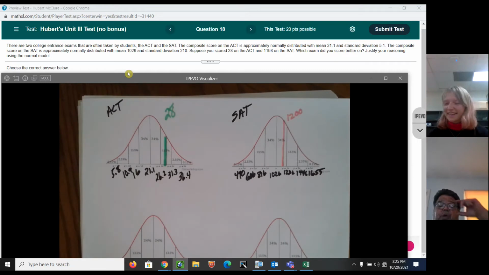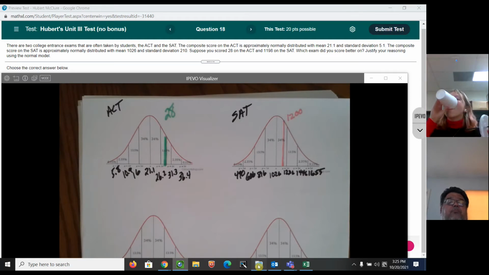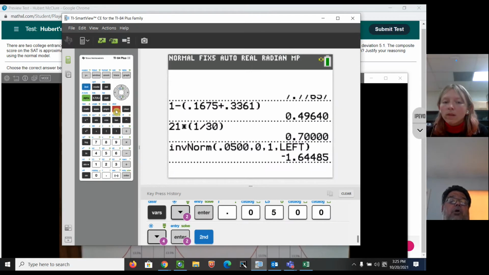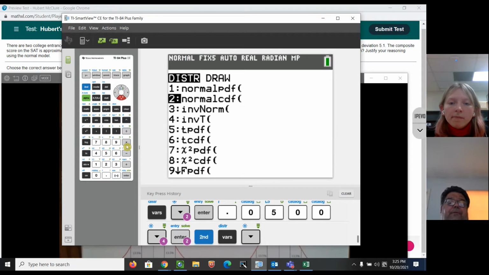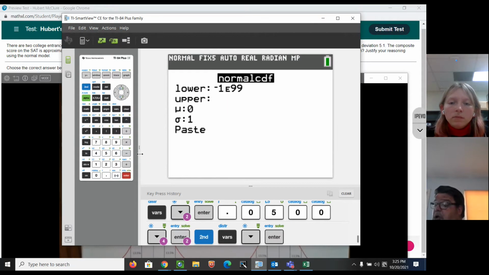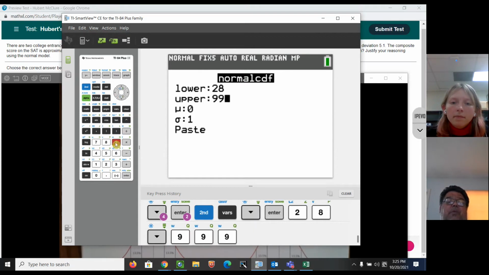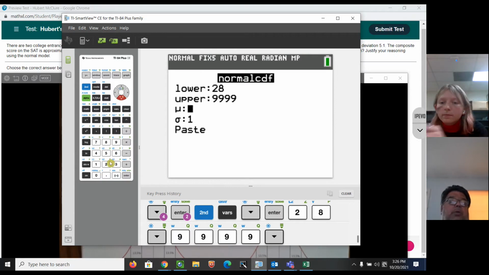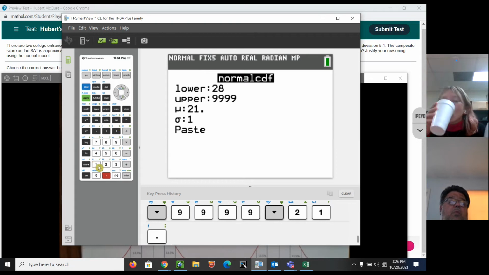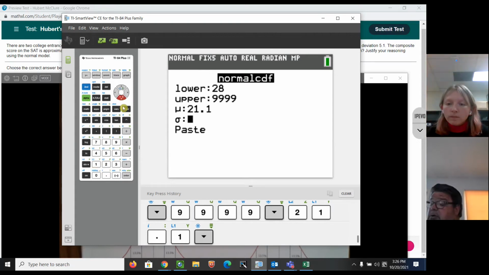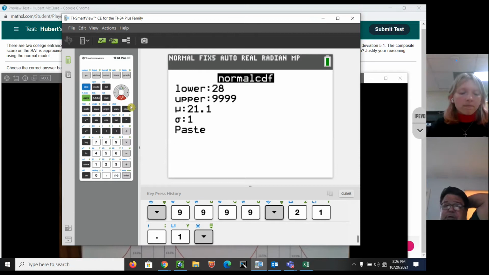I'm just going to do it with the new calculator, so I ain't got to convert a z-score. So I'm going to do second bars, normal CDF, and the lower is going to be 28. The upper is going to be 99.9, and I've got a 21.1 and a, what's the standard deviation on the first one? Did it say 5.1?